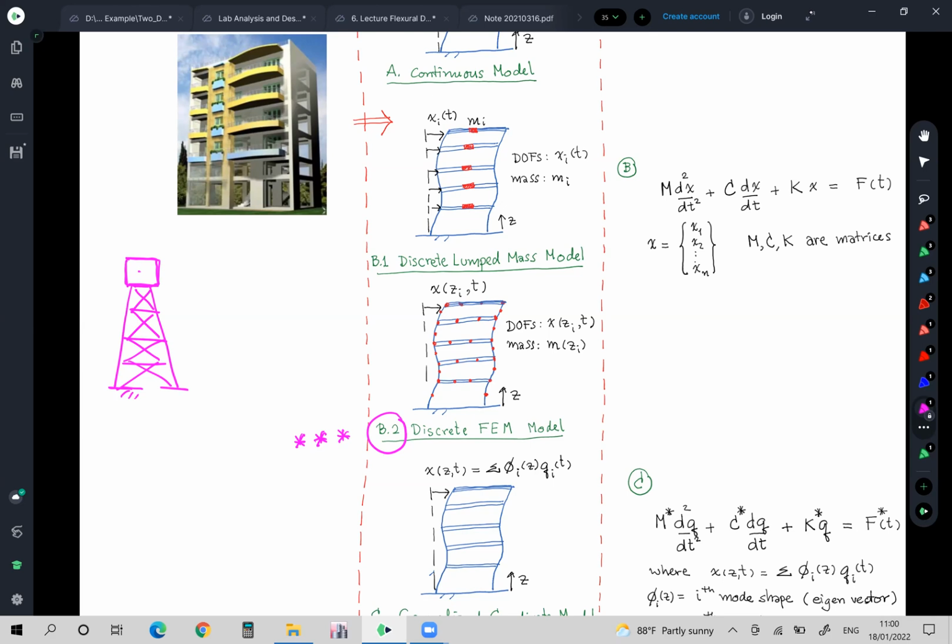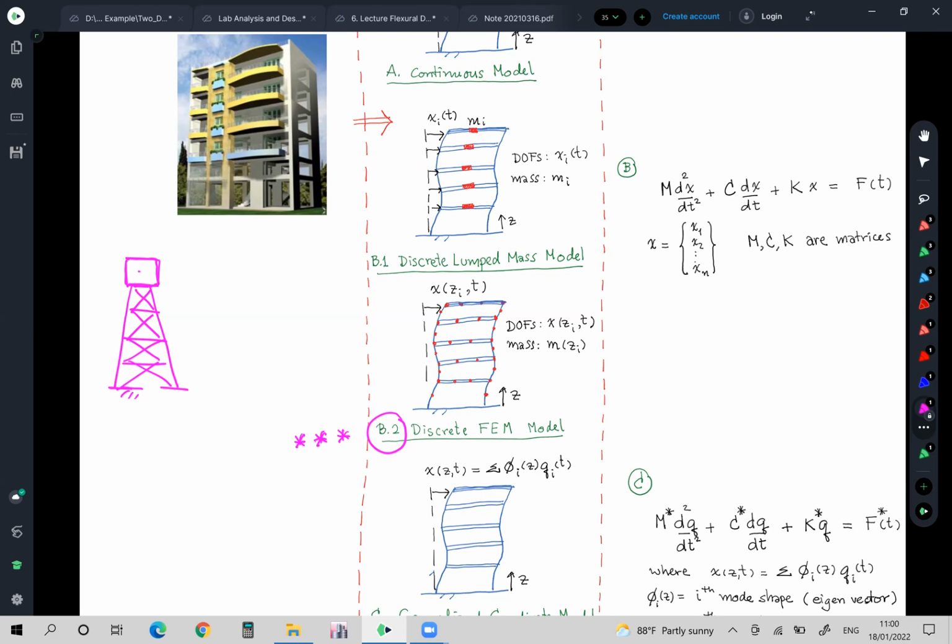We learn that because, number one, for the solution we obtain from the finite element model, we don't know whether it's correct or not. Of course, we do believe that we model this structure very accurately, with very good modeling in the computer.